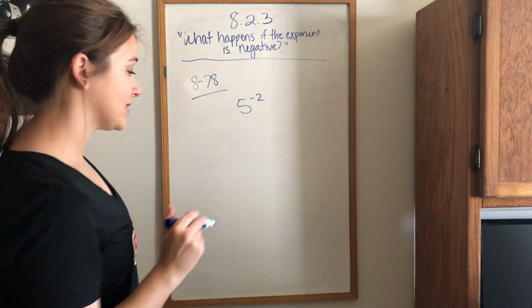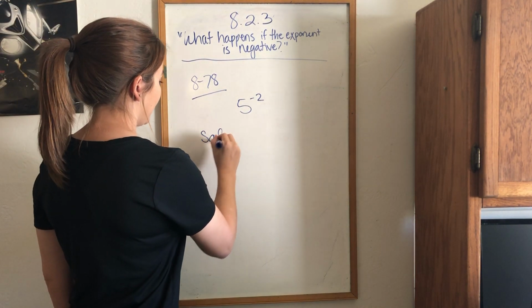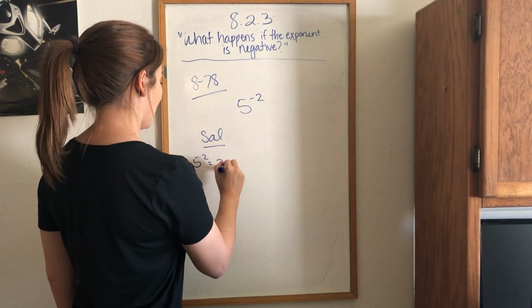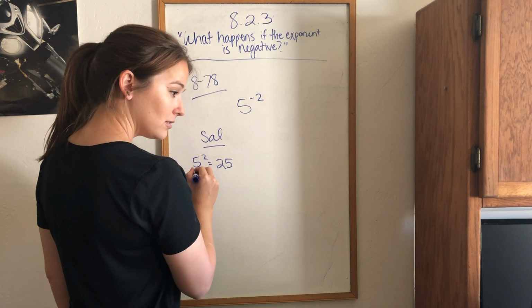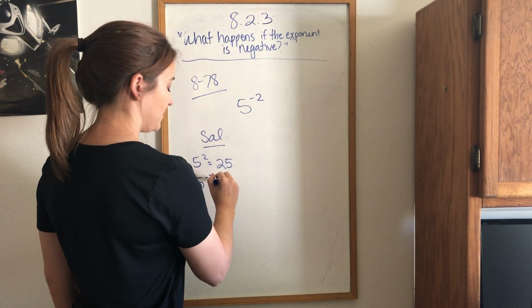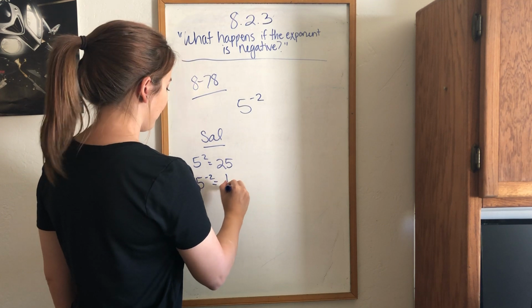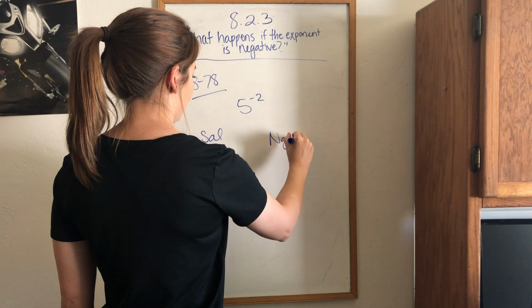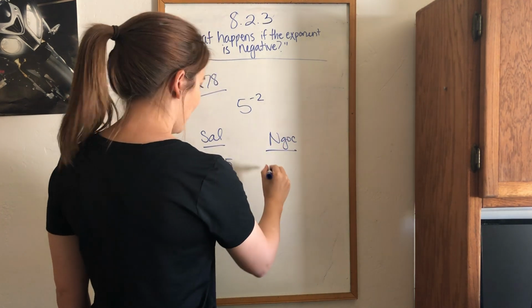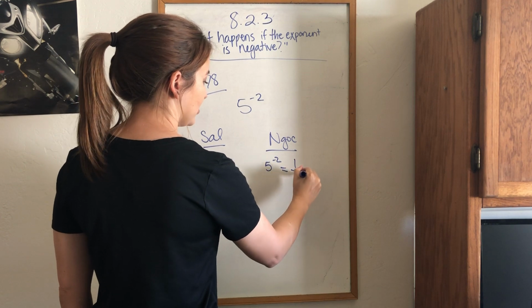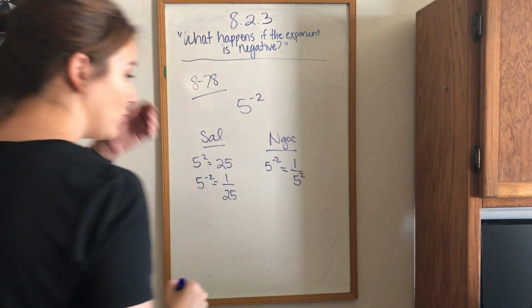Salvador thinks 5 to the second is 25, so 5 to the negative second must be 1 over 25. His friend said 5 to the negative second is 1 over 5 to the second. Who is correct?